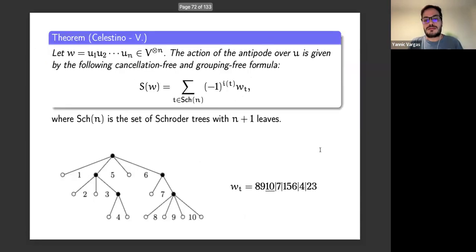And so that's the result, one of the results that I mentioned before. What we did was to calculate a cancellation-free and grouping-free formula for the antipode of this double tensor algebra in terms of Schroeder trees.